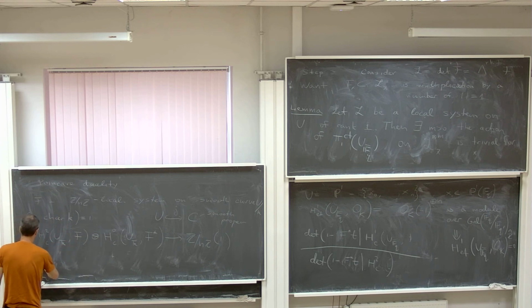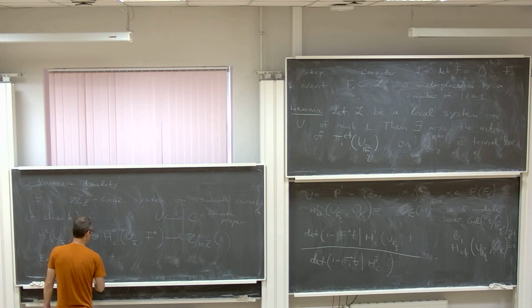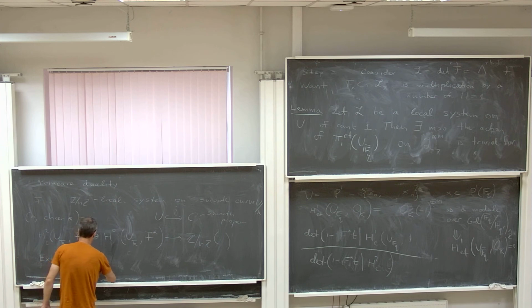So I think of this as Ext^2 from the constant sheaf Z/nZ to, oh, no compact support here, sorry. So from this to j shriek of F.